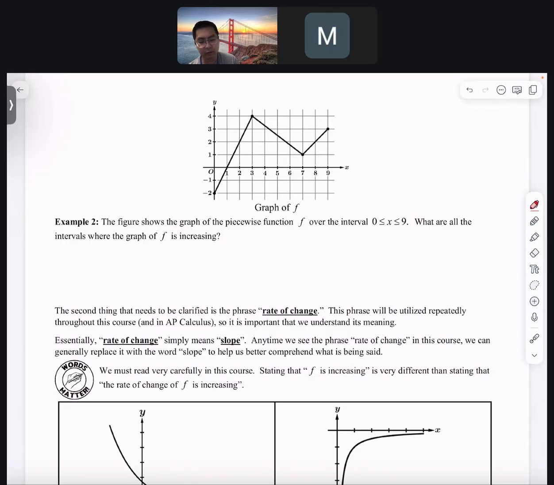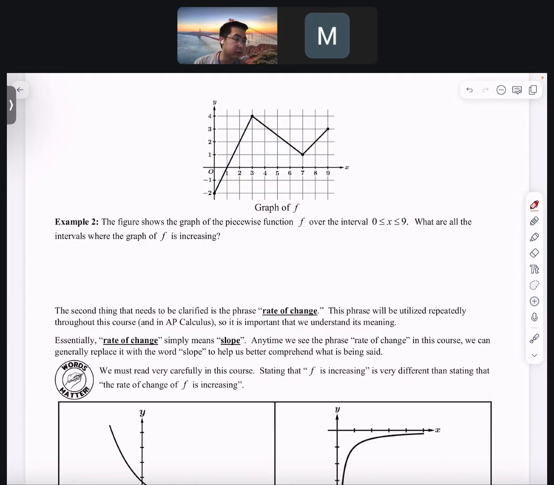What are all the intervals where the graph of f is increasing? So this is the graph of f. If I'm looking for increasing, I have to read from left to right and see when it is going up. That's here. This is going down, so it's not this, and then it's here. So it's in these two sections where, if you read the graph from left to right, f is going up.